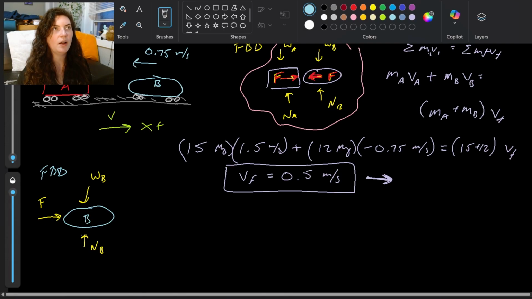So with this guy, now I'm going to use my principle of impulse and momentum to find out what that impulsive force is.